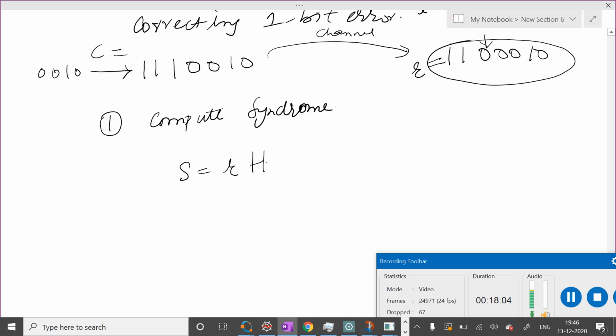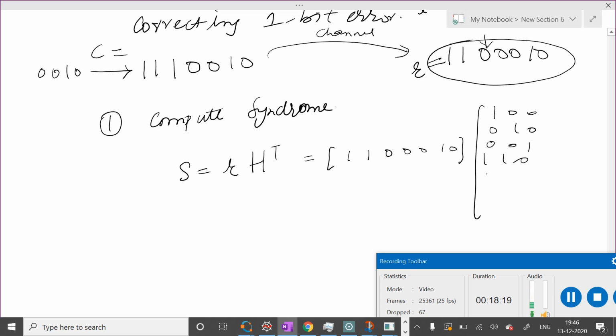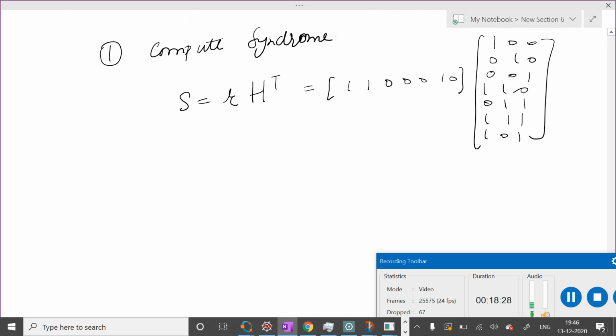So R H transpose will be equal to 110010 times H transpose, which is 100 010 001 110 011 111 101. Okay, this is the H transpose. And after some very simple algebra, you will get 001. So this is the syndrome.